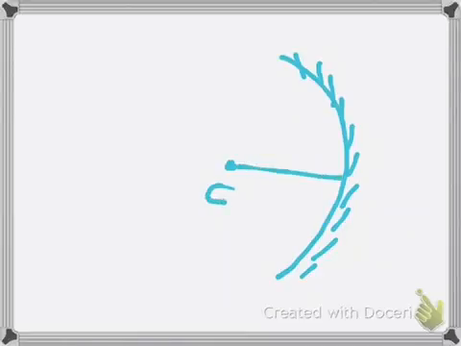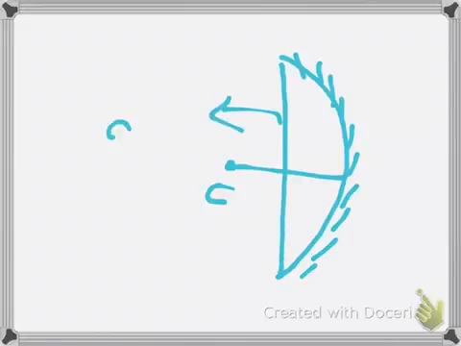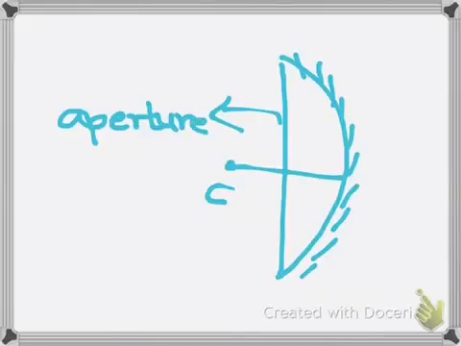So this is called the center of curvature, and the distance between the two edges is called the aperture. Aperture, I must say, aperture. This is called the center of curvature.